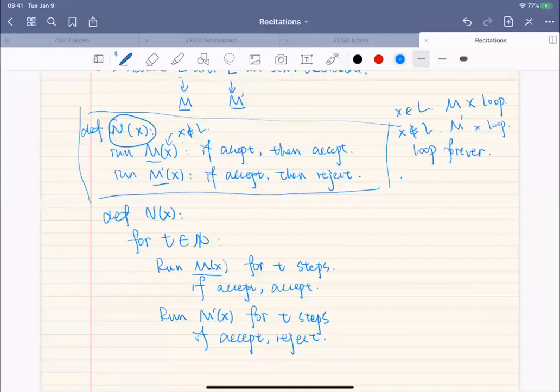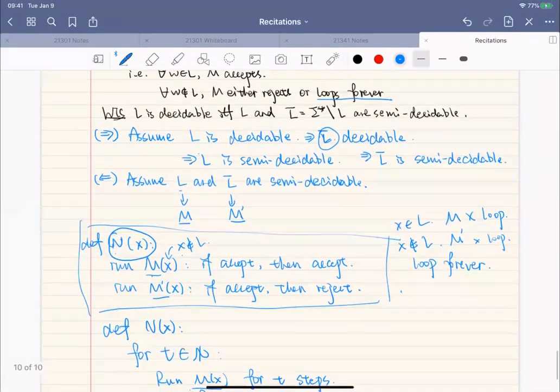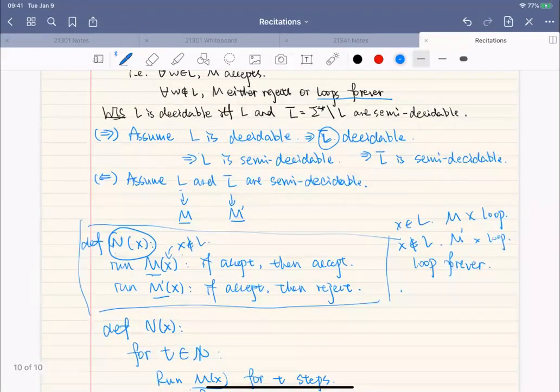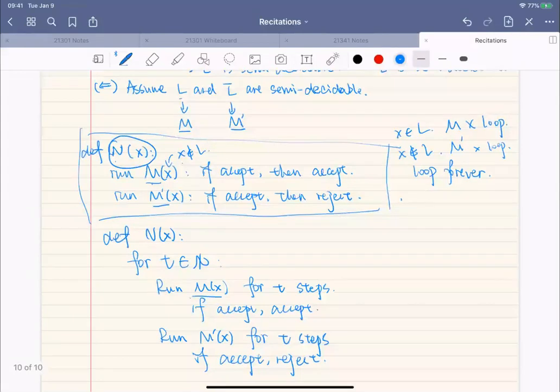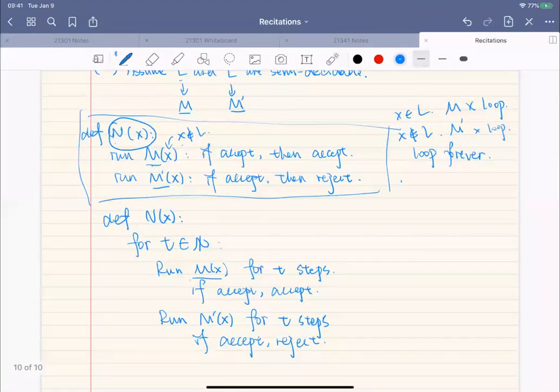This is clear from the definition of the Turing machines that recognize L and L complement. If it does not loop, then it has to halt within a finite number of steps.